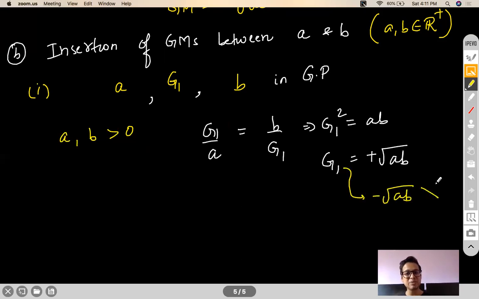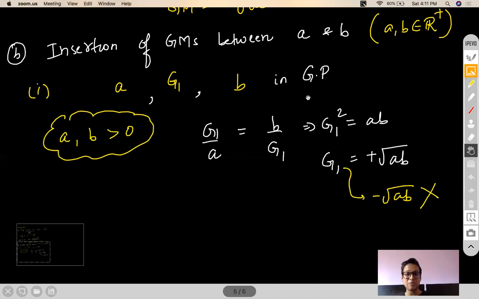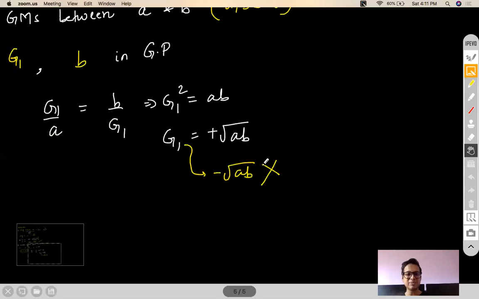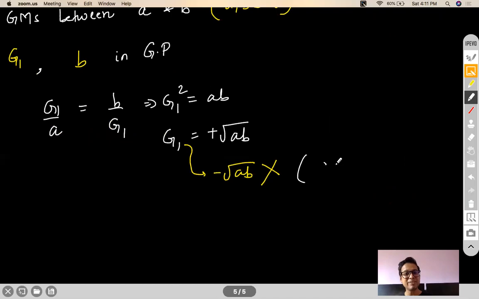Please note that this will be rejected if your quantities A and B are positive. When will this be accepted? This will be accepted when your A and B are negative quantities. Had A and B both been negative quantities, just like the example I gave a little while ago, -4 and -9, then the geometric mean will be minus square root of AB.